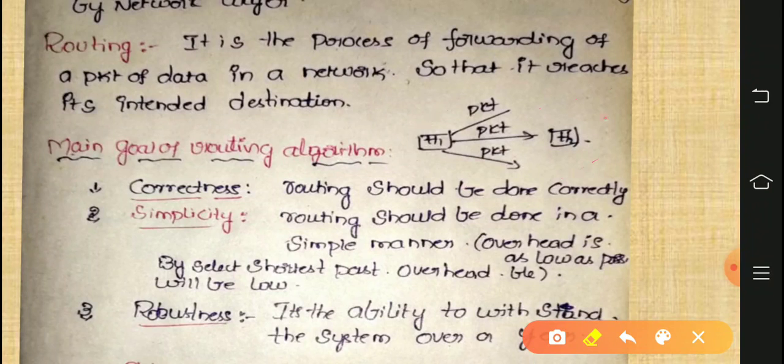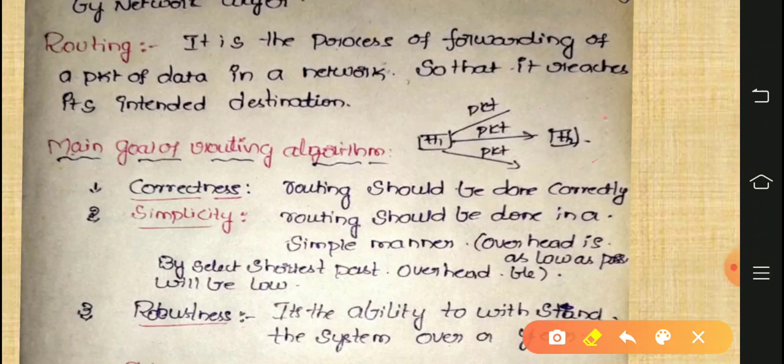The next one is simplicity. The routing should be done in a simple manner so that the overhead is as low as possible. With increasing complexity of the routing algorithm, the overhead also increases.